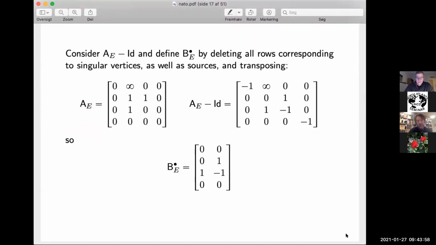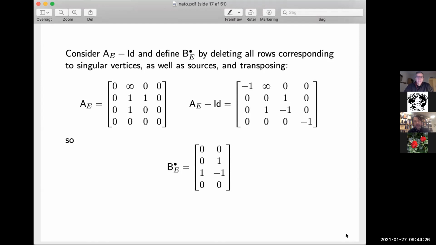So, a little bit about K-theory. K-theory is easy to compute for graph algebras. This is one of the main nice features of them. What you need to do is look at the adjacency matrix and clean it up a little bit. First, you have to subtract the identity, so you subtract ones down the diagonal.